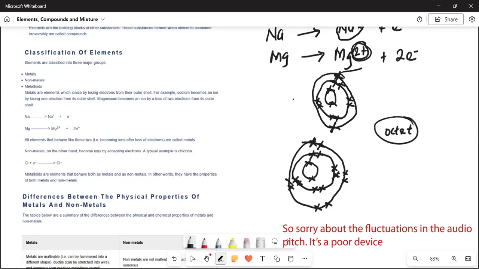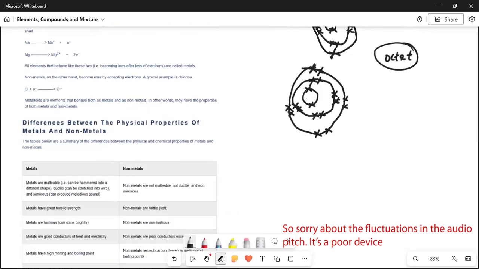So when chlorine accepts such an electron, the number of electrons now becomes more than the number of protons. So the chloride ion is negatively charged once it receives an electron from sodium, for example. So non-metals accept electrons and then they become negatively charged, while metals lose electrons and become positively charged.